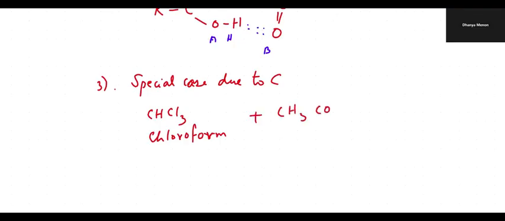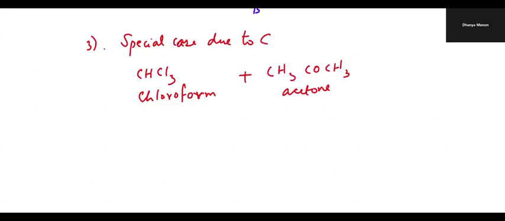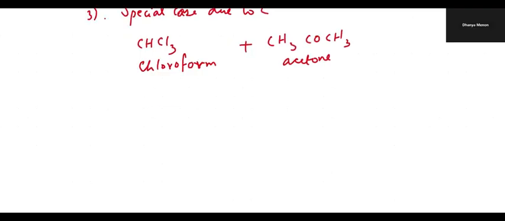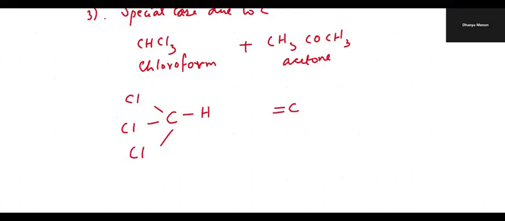It's a ketone. Don't worry about the formula, again I'm saying. Okay, so this is carbon bonded to 3 chlorine atoms, and this is hydrogen. And for acetone, I have C double bond O. This is CH3, and this is CH3.